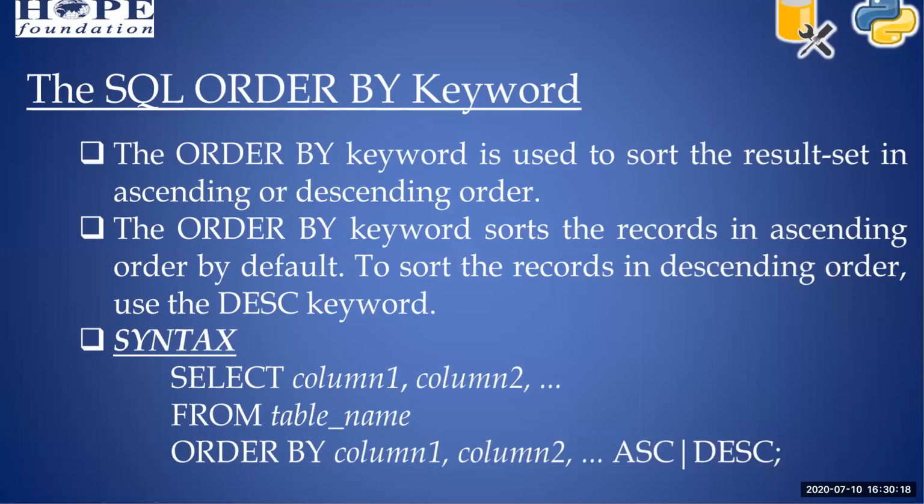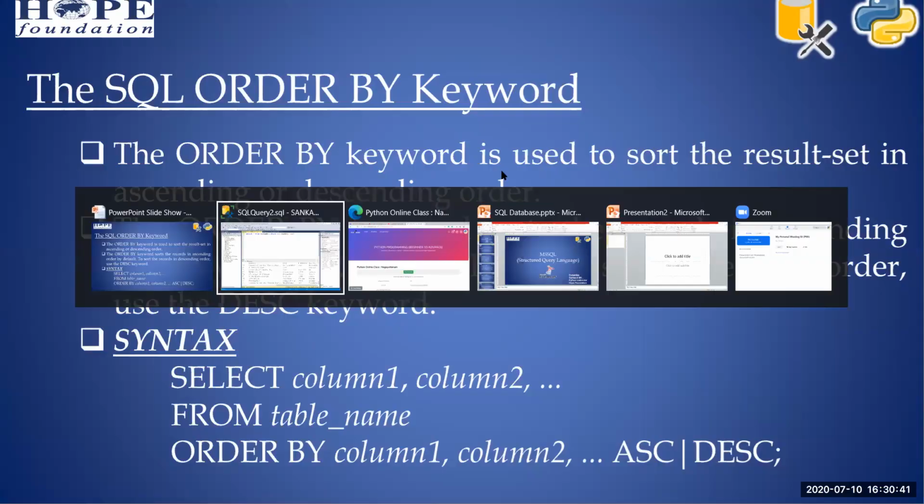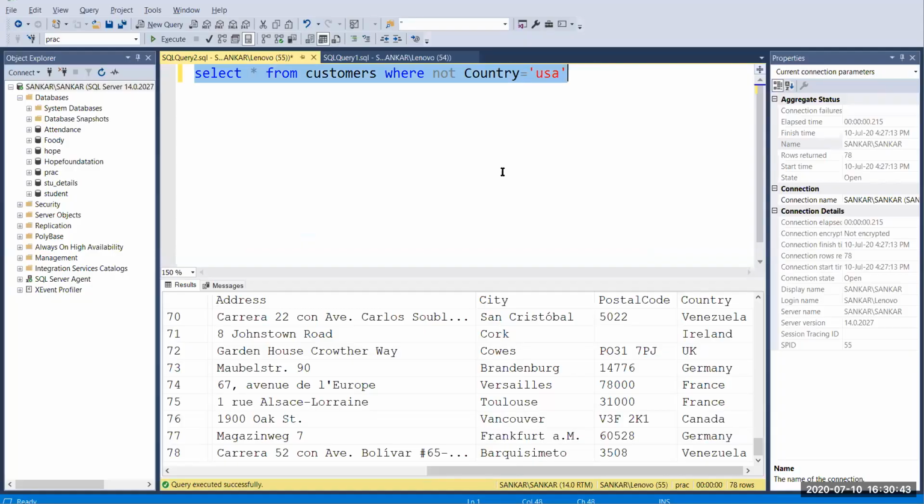So if you are using a WHERE clause, you use the ORDER BY clause at the end of that WHERE condition. Let's see a couple of examples using the ORDER BY keyword.